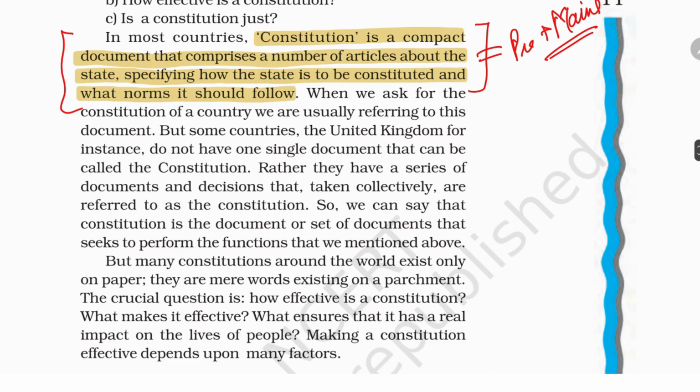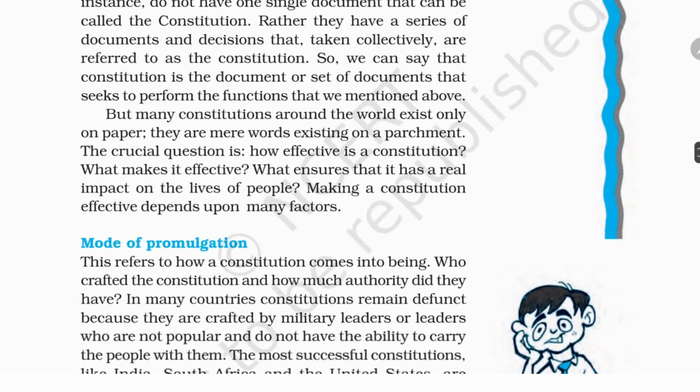When we ask for the constitution of a country, we are usually referring to this document, but some countries, the United Kingdom, for instance, do not have one single document that can be called the constitution. Rather, they have a series of documents and decisions that taken collectively are referred to as the constitution. So we can say that a constitution is the document or set of documents that seeks to perform the functions that we mentioned above.